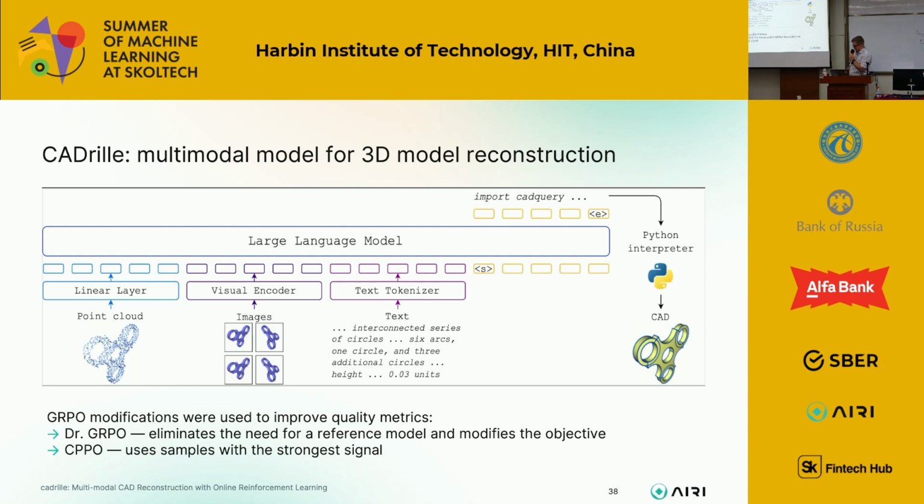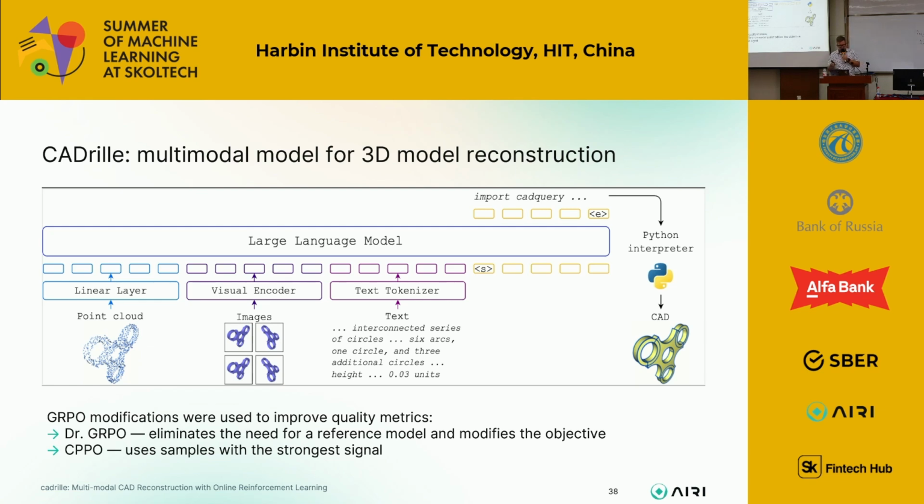It combines the architecture of the multimodal research that we designed, and is also improved by the online GRPO modifications. So here we can see the point cloud input, the images of the element that we want to reconstruct, and some text representation, some technical task that is written in a simple textual form, so it's not a code structure.